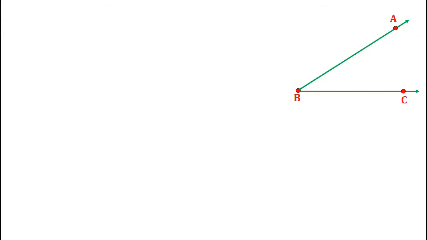To understand that, let us look at the angle ABC given beside. Here we have B as the vertex of the angle and AB or BA and CB or BC as the two arms of the angle ABC.